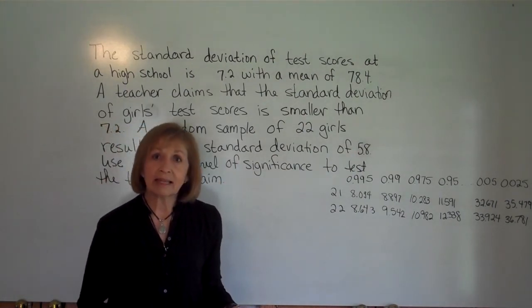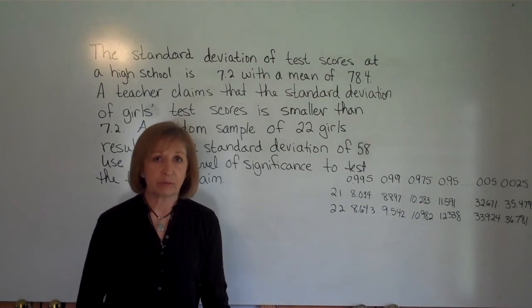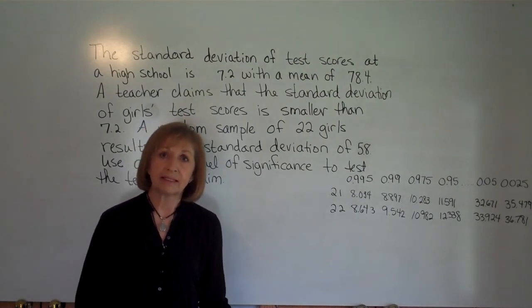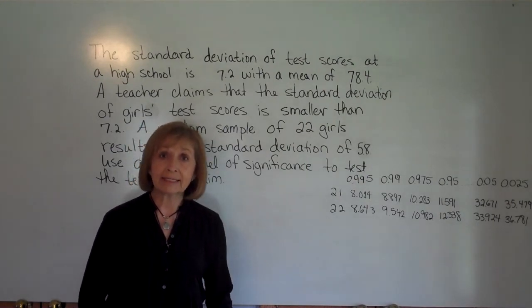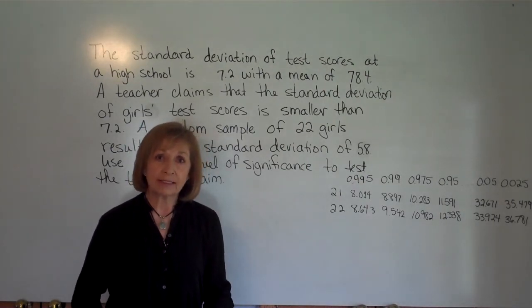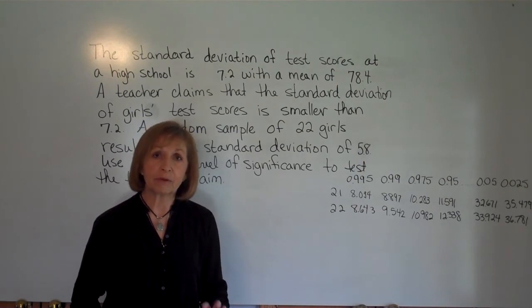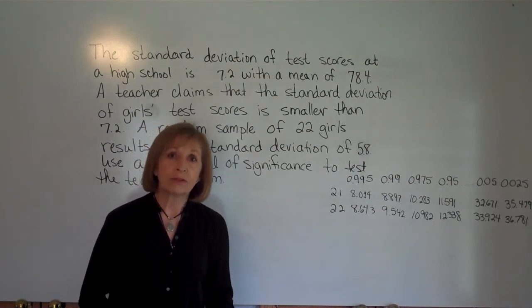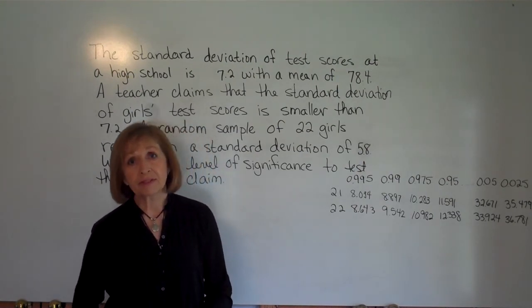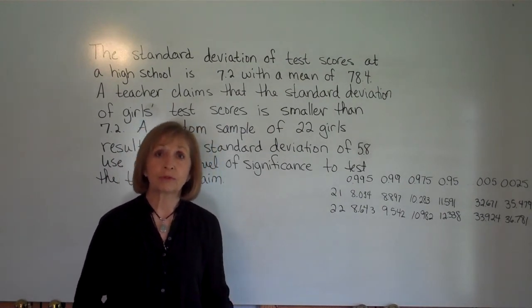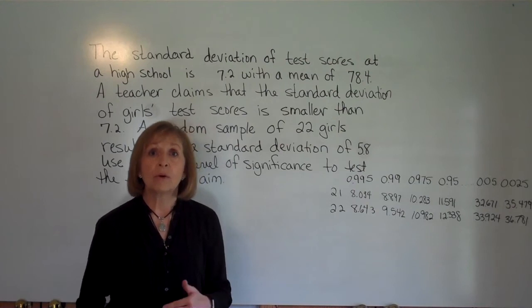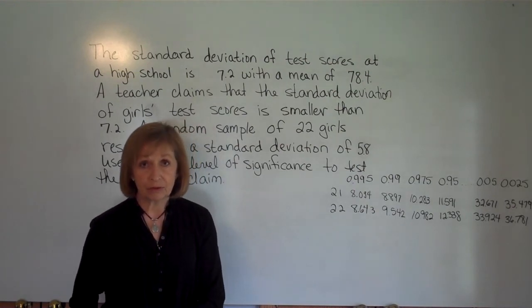When we look at this, a lot of these problems are going to look very similar to each other in the way they set up the beginning of the problem. You have to focus on what they're asking you to do at the end of the setup, in order to know whether you're doing confidence intervals or hypothesis test or sample size, and whether you sampled from one group or two groups, and also what population parameter they're talking about.